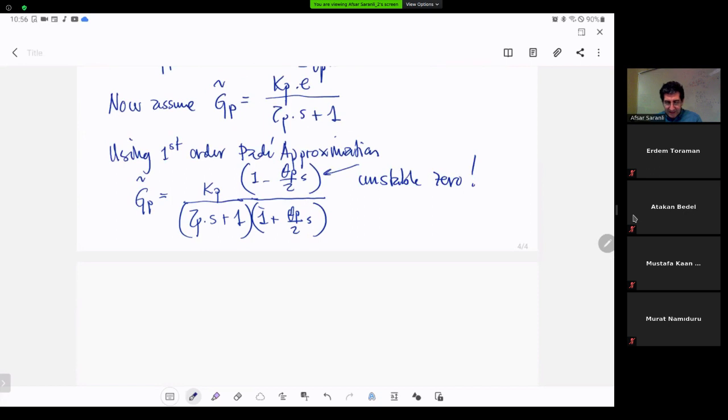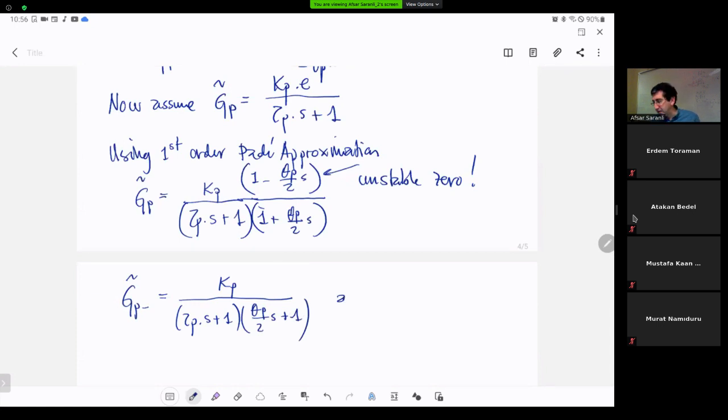So we will basically use GP tilde minus, with only getting rid of the unstable zero. We basically have another plant model that is (tau p s plus 1) over (theta p over 2 s plus 1).